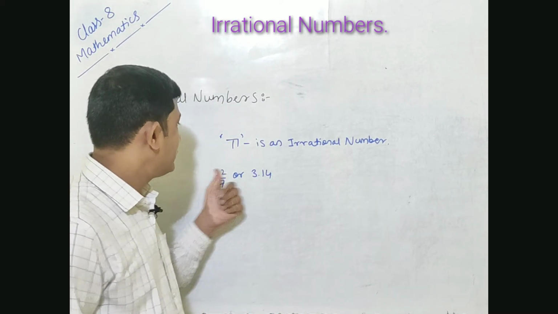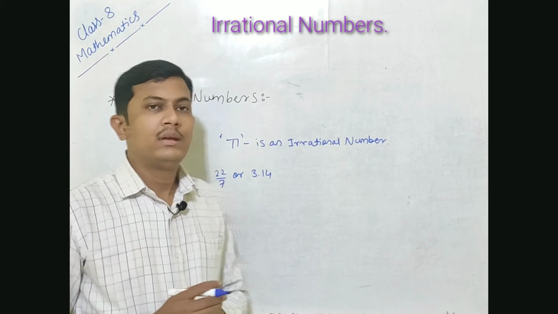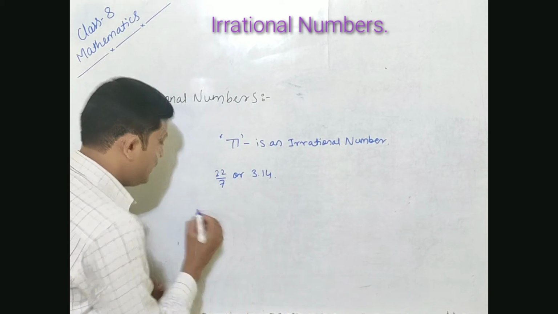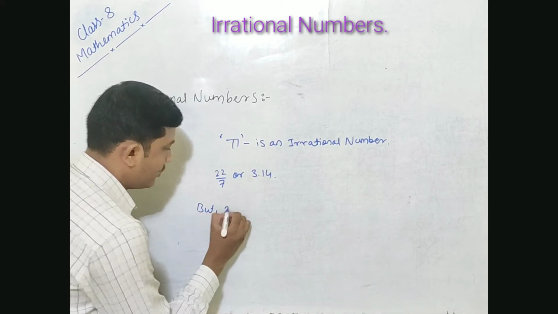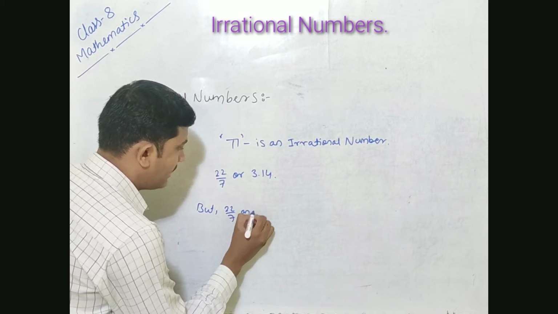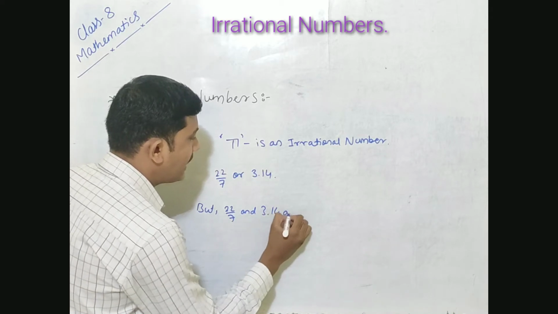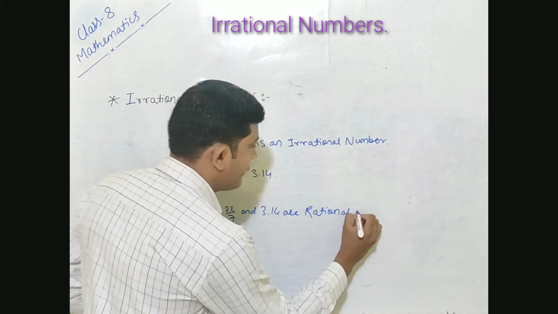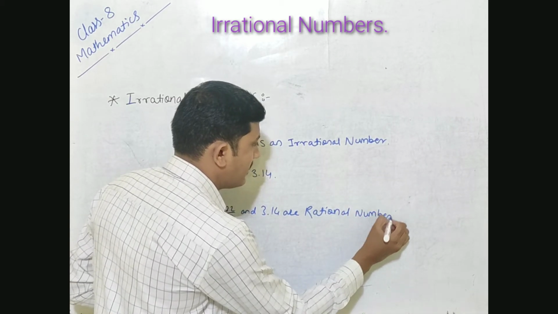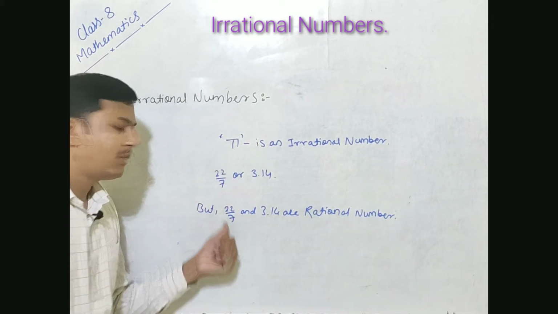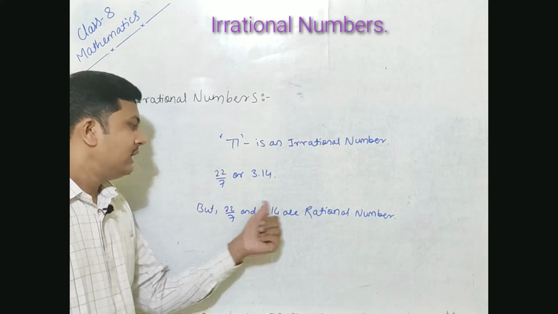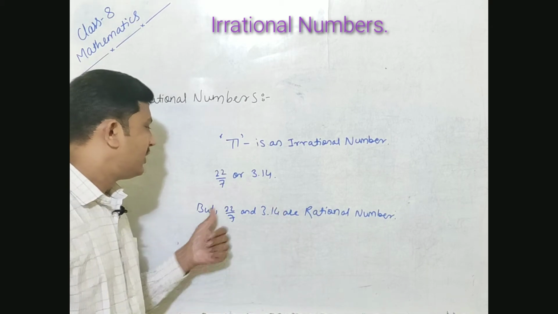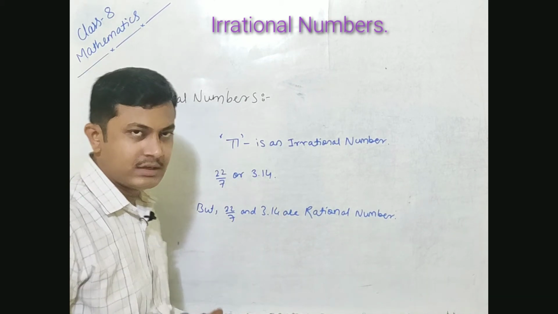But 22 upon 7 and 3.14 are rational numbers, the numbers are in the form of p upon q, and here again the decimal expansion is terminating one. So 22 upon 7 and 3.14 are rational numbers.